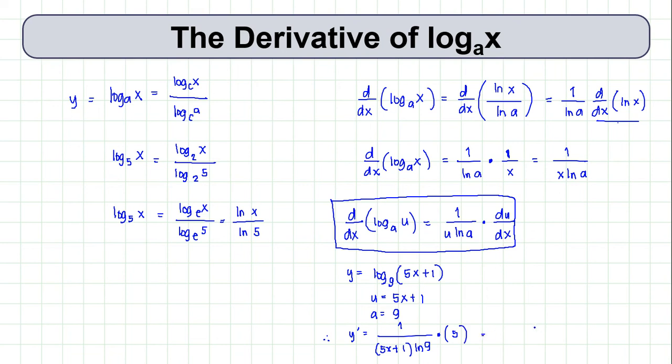Ganyan na siya. Therefore, it is equal to 5 all over quantity 5x plus 1 times ln ng 9. Medyo simple lang siya. For as long as alam natin yung formula at alam natin yung mga basic na derivatives ng polynomials and trigonometric functions, medyo makakasabay tayo dito.